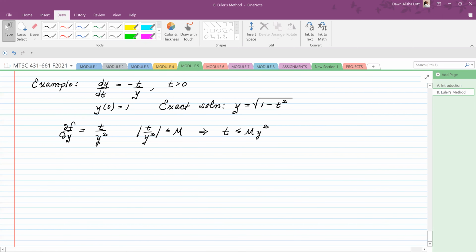But if you remember, eventually y goes to 0. So therefore, t times some number has to be less than 0. So the solution does not exist for all y.